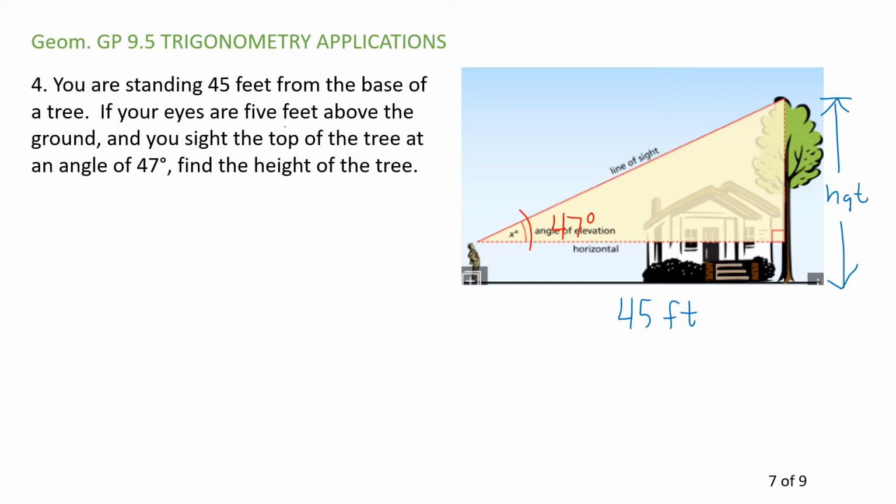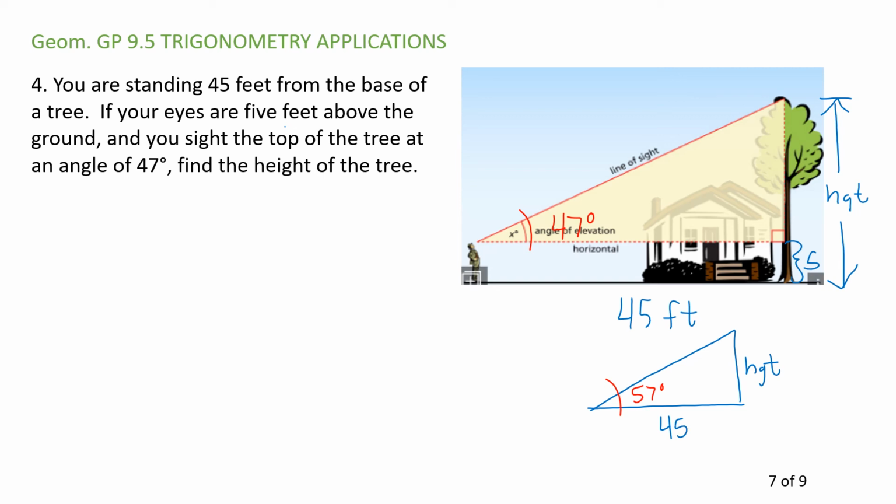Notice on this one I've got an extra 5 feet. That does not include it in my triangle, so the last step is going to add that 5 feet because my eyeballs are not on the ground. If you want another picture, your angle is here. Your x, or height, is here, and you know that.